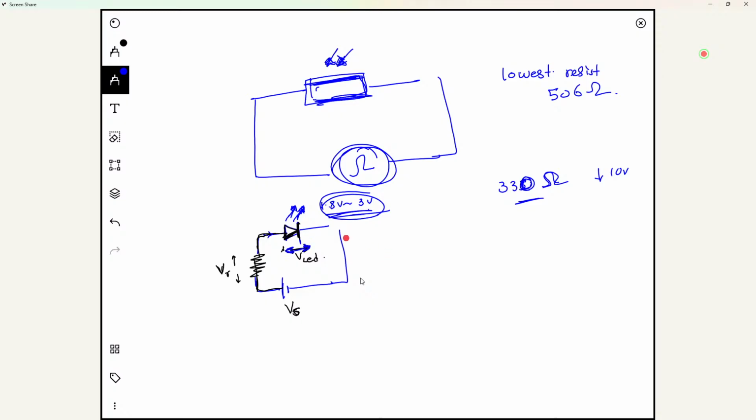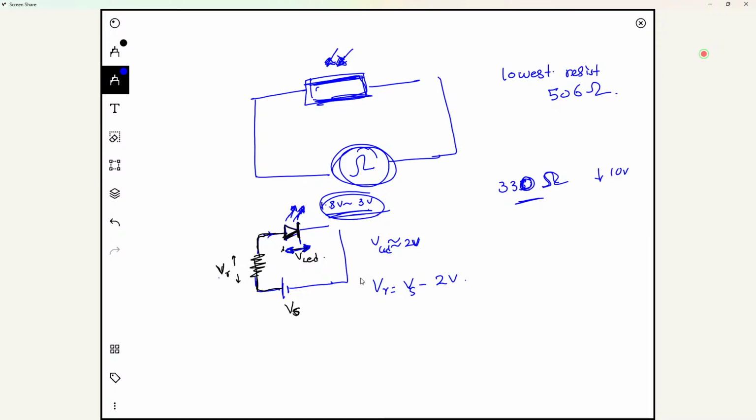So let's say the working voltage of this LED, let's assume that VLED is 2 volts. Then Vs is there. VR, what is VR? VR is equal to supply voltage minus 2 volts.